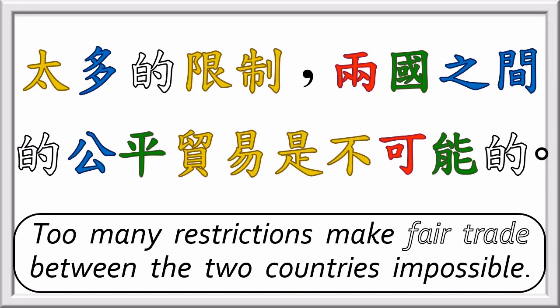太多的限制，两国之间的公平贸易是不可能的。Too many restrictions make fair trade between the two countries impossible.